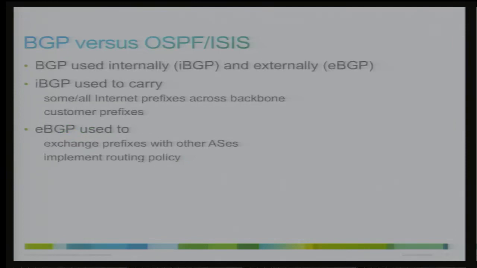BGP is used both internally, iBGP, and externally, eBGP. iBGP is used to carry some internal prefixes, usually customer prefixes, modem prefixes, and so on. We'll discuss this in more detail.